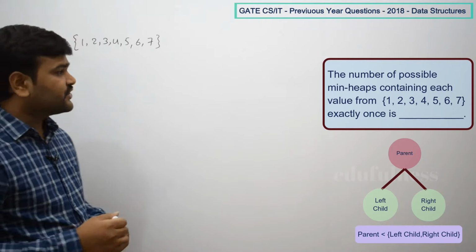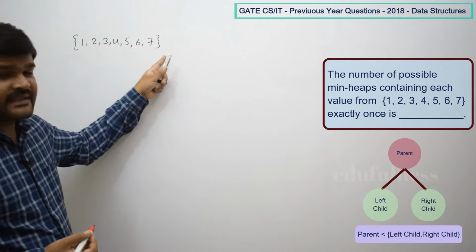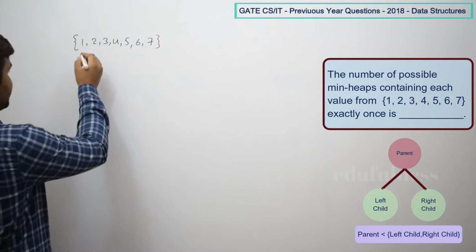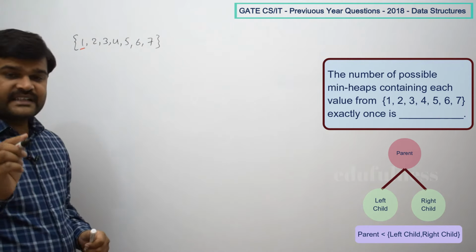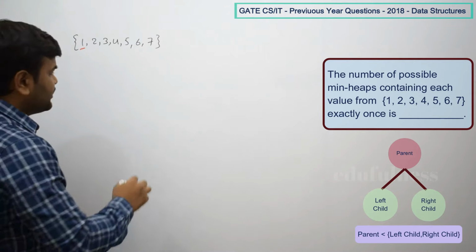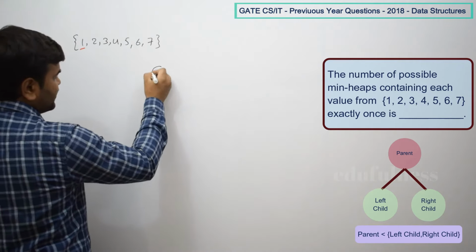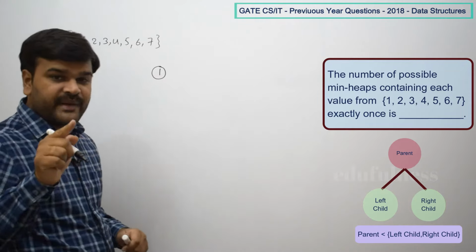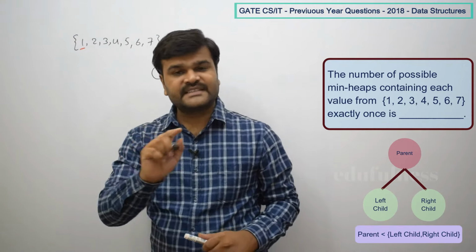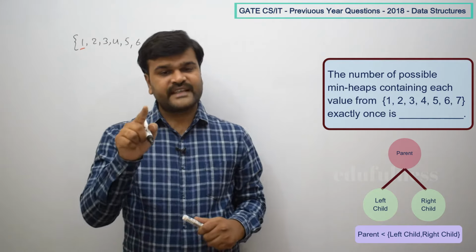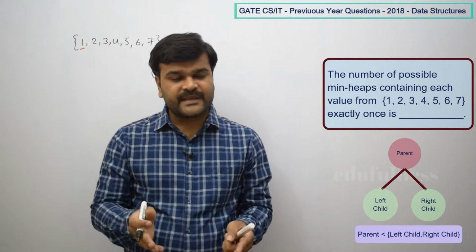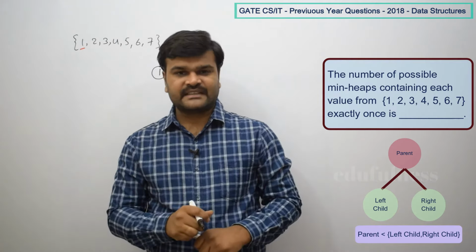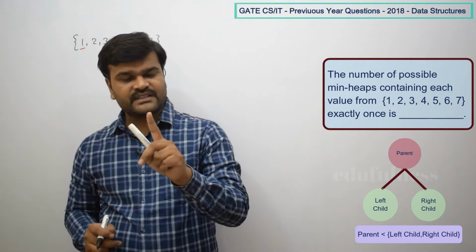Here 1 is the minimum element, so definitely 1 will be the root node. So how many ways can you select the root node? Always one way, because whoever is the minimum, that only you have to select.